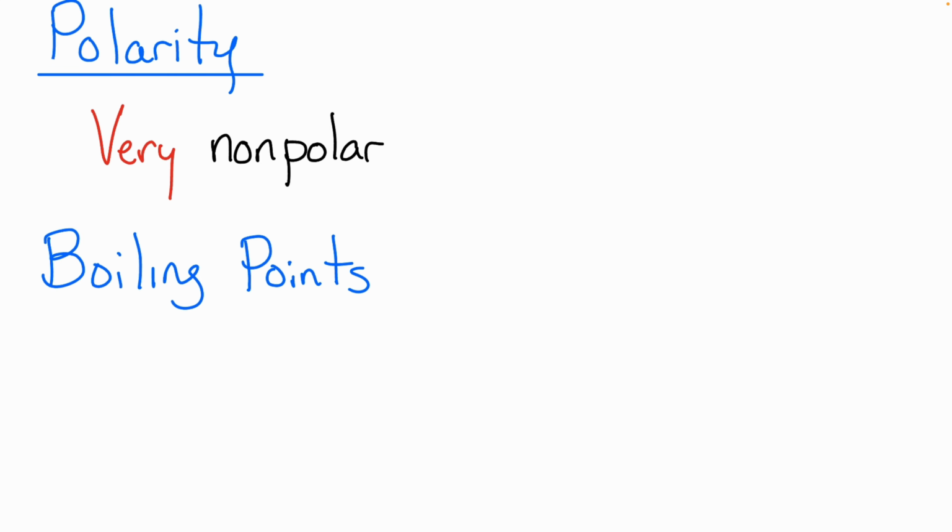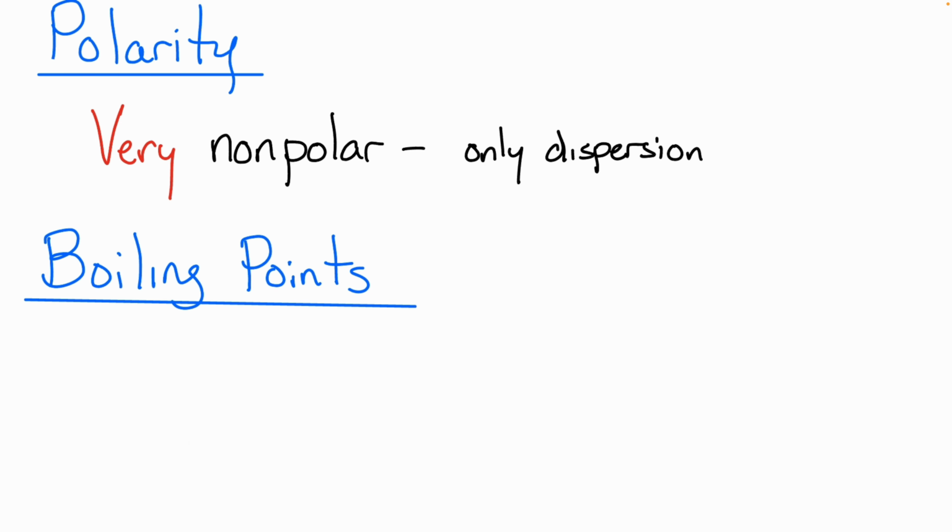All right, boiling point, so very nonpolar. I guess we can say only dispersion forces. So if they're very nonpolar and only have these dispersion forces, they also have very low boiling points.